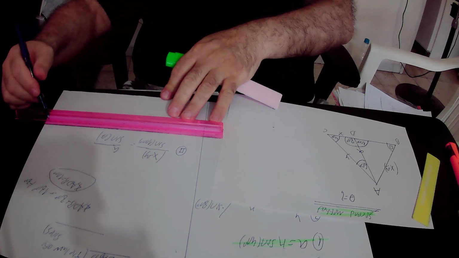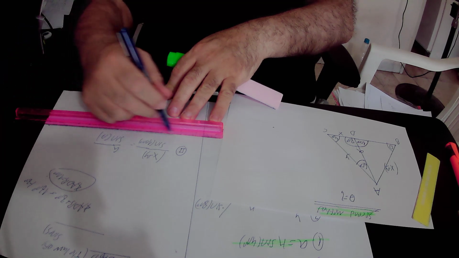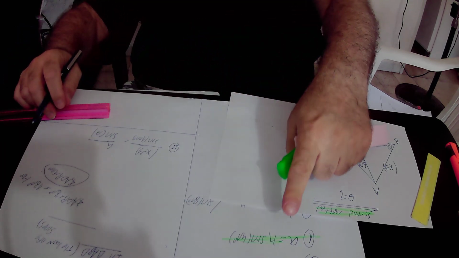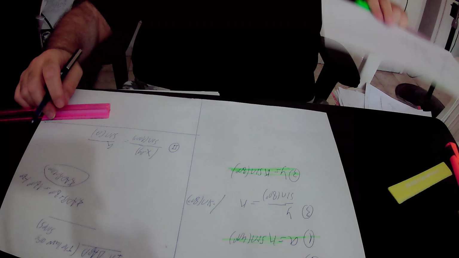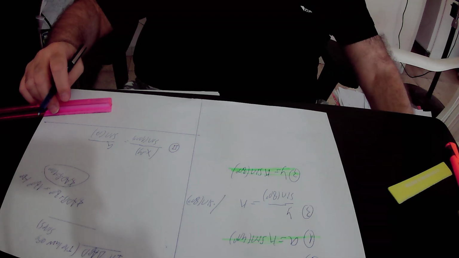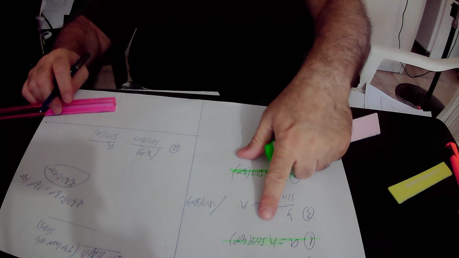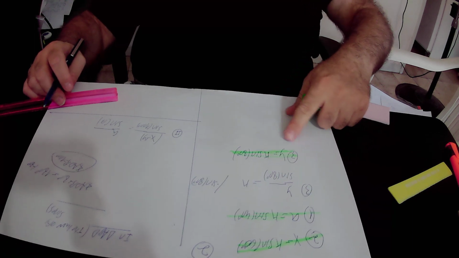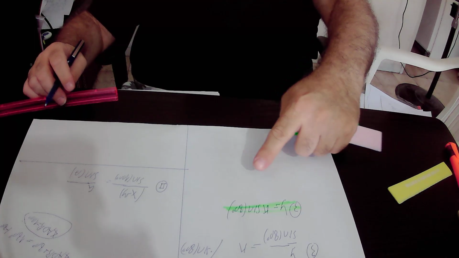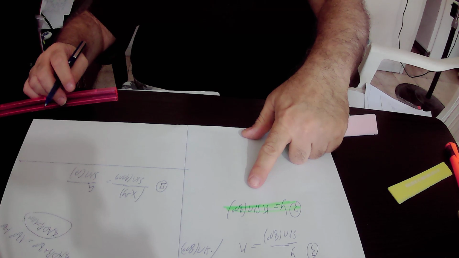Now we'll substitute x by k sine 60 degrees, we'll substitute a by k sine 40 degrees, and we'll substitute y by k sine 80 degrees.